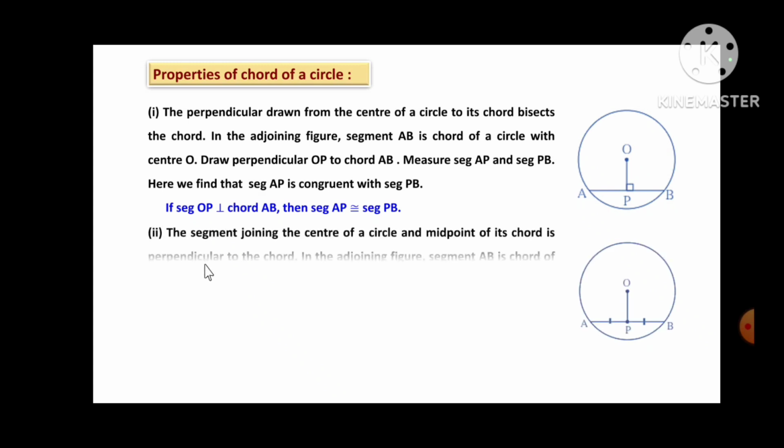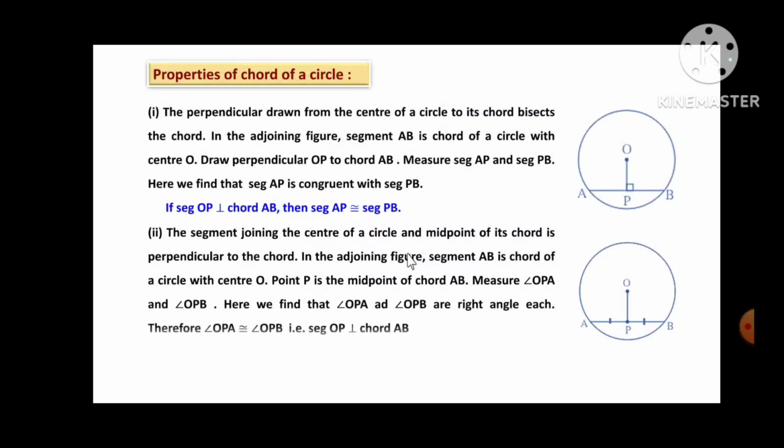Friends, next we will see the segment joining the center of the circle and the midpoint of the chord. The segment joining the center of the circle and the midpoint of its chord is perpendicular to the chord. In this adjoining figure, AB is the chord of a circle with center O. Point P is the midpoint of chord AB.